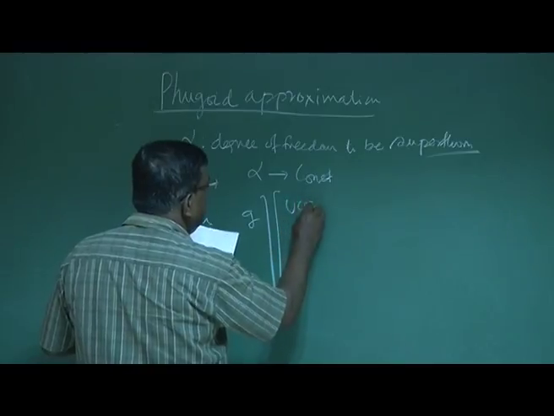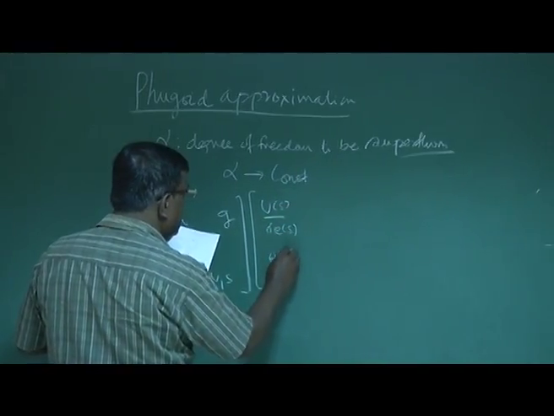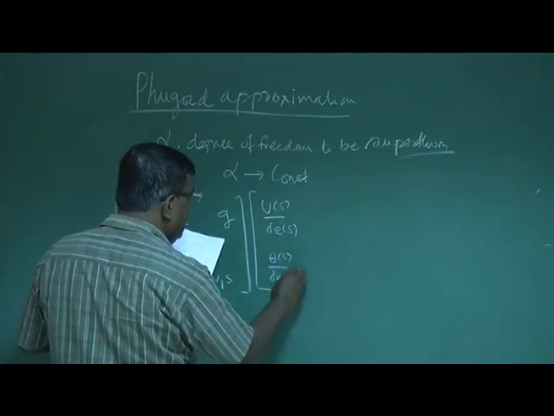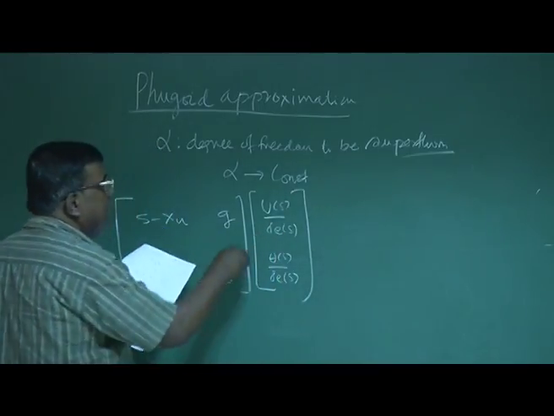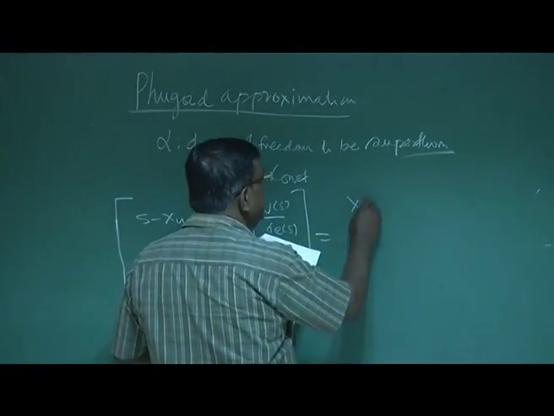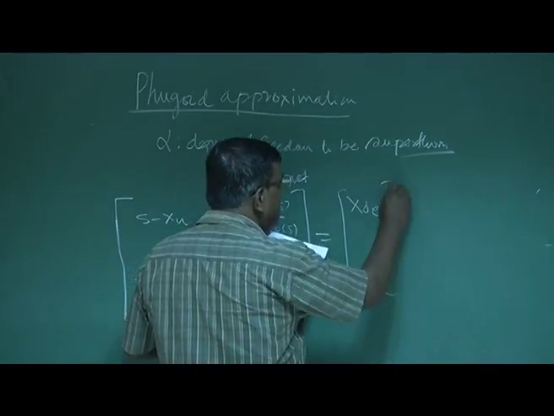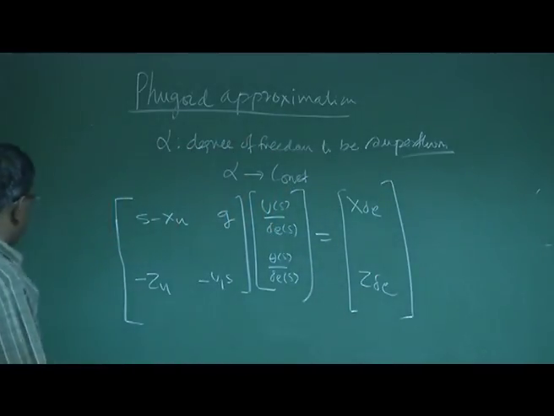U of s by delta E of s and theta of s by delta E of s. You could see no alpha is here, so it is a 2 by 2 matrix equal to x delta E, z delta E. And now the characteristic equation becomes very simplified.